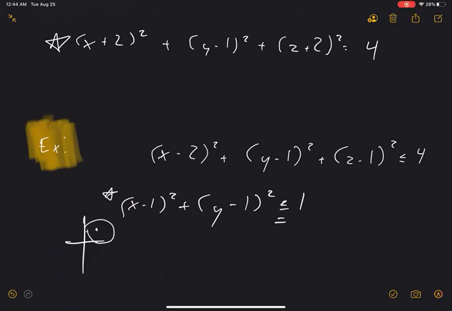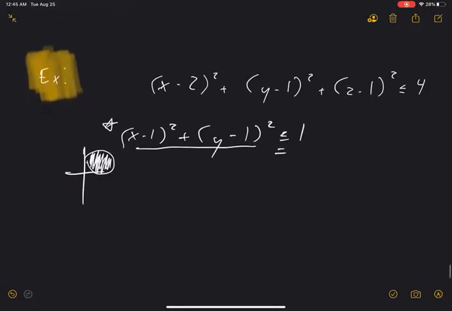But since it's less than or equal to 1, it's all the points x, y, such that when you plug them in there, their answer is less than or equal to 1. So really, this is the solid disk of points here. It's not just the outer shell of the circle. It's all the points inside.